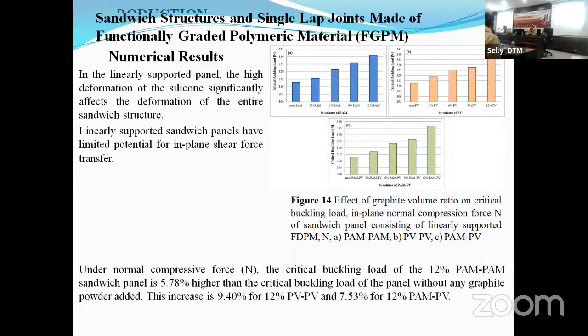Without graphite powder added means it's a pure adhesive, not adding any graphene. So adding graphene, yes, it's okay. It changes the mechanical properties. It gives a higher strength of the adhesive, and what does it mean? It means higher strength of all the adhesive bonding joining parts.